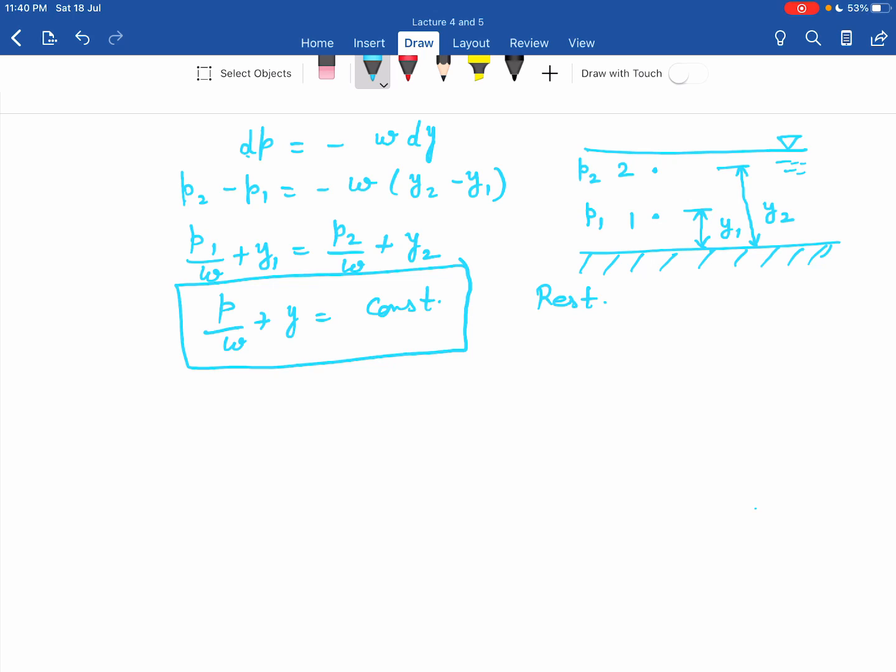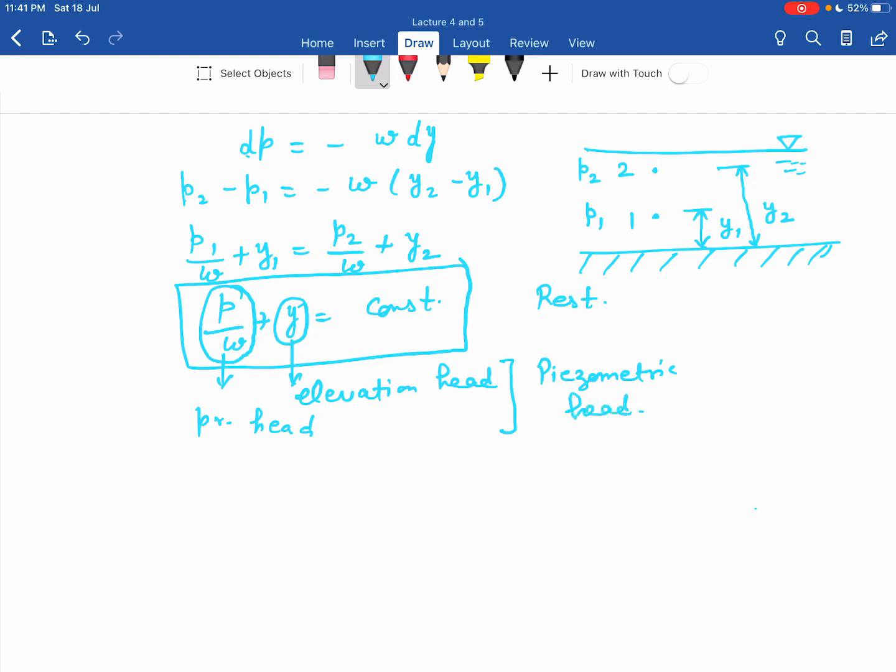In this term, y is the elevation head, P by W is the pressure head. The sum of these two heads, elevation head and pressure head, we call the piezometric head. So for a fluid at rest, this piezometric head remains constant.